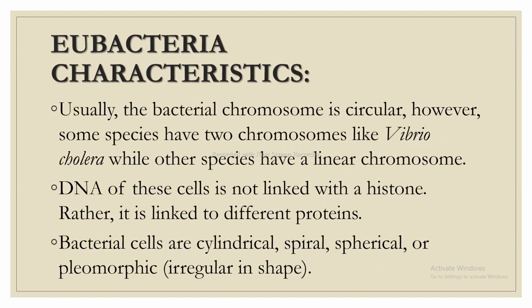Usually the bacterial chromosome is circular, however some species have two chromosomes like Vibrio cholerae, while other species have a linear chromosome. So the DNA of these cells is not linked with histones, rather it is linked to different proteins. Bacterial cells are cylindrical, spiral, spherical or pleomorphic, irregular in shape.